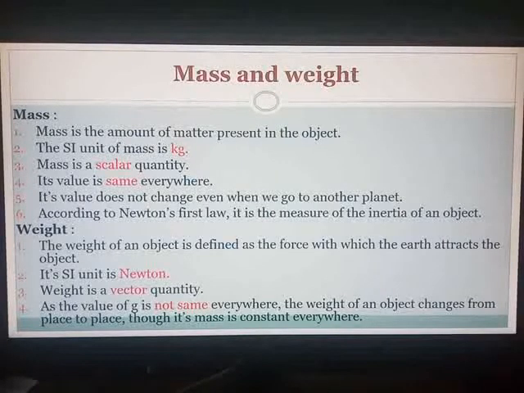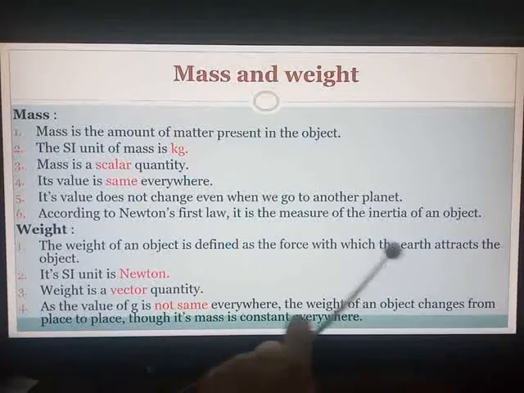So mass is the amount of matter present in the object, whereas weight of an object is defined as the force with which the earth attracts the object towards itself. Or in other words, you can say that weight is nothing but force.